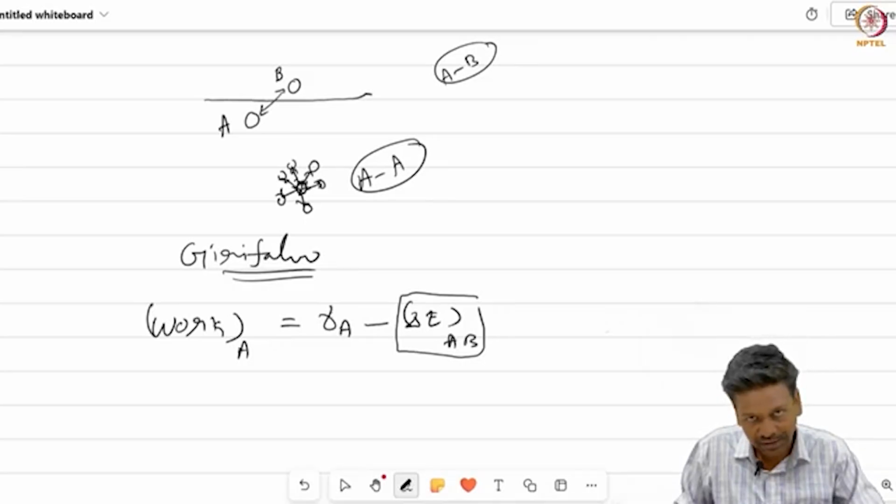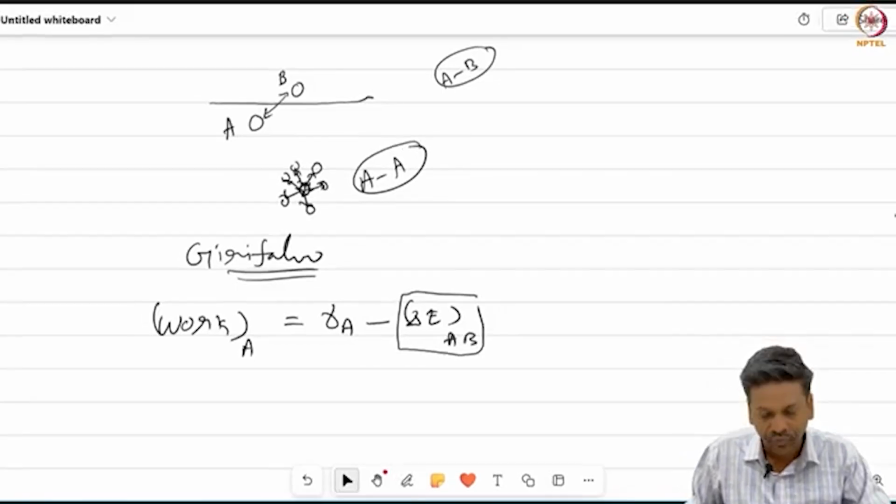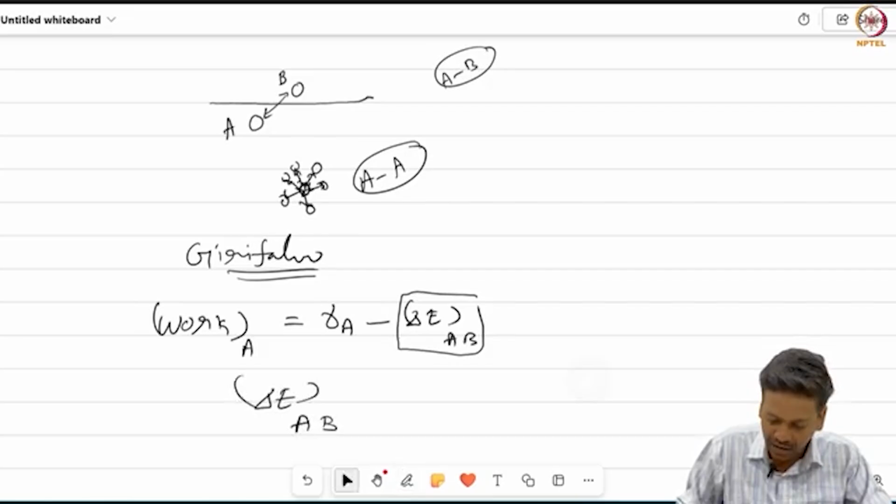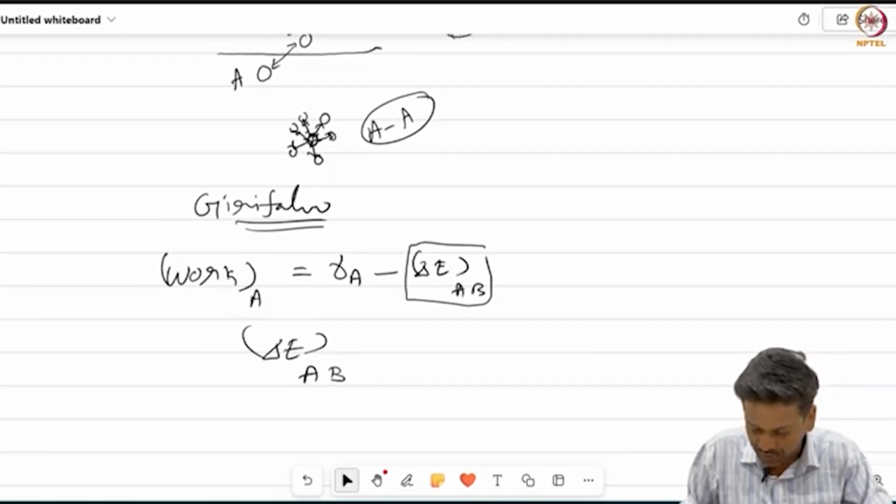So you can subtract this energy so that you can understand what is the energy required to pull this molecule towards the interface. So this is one way, right? So this delta E is associated with the London dispersion force as we described, right? When we talked about the various types of forces.